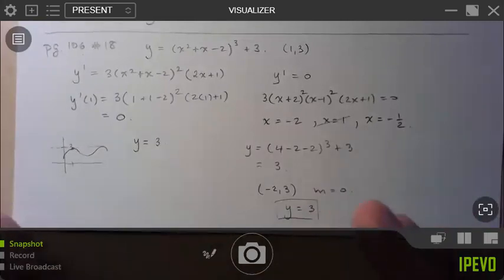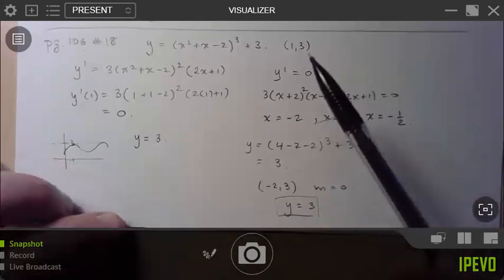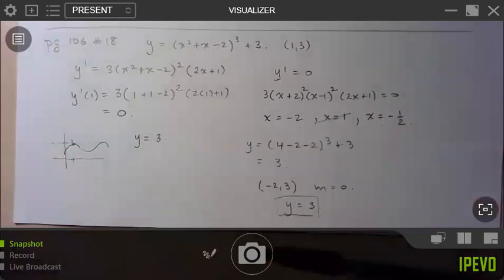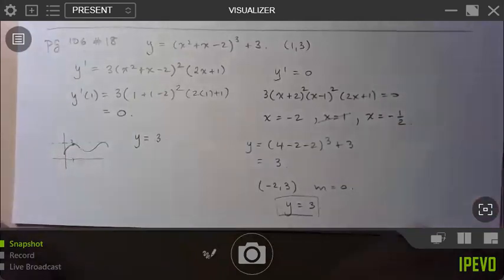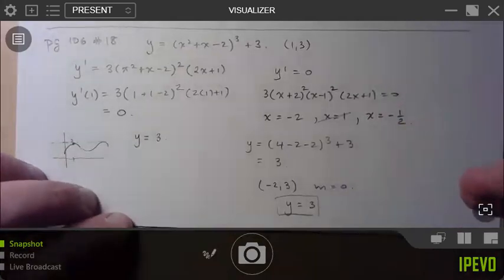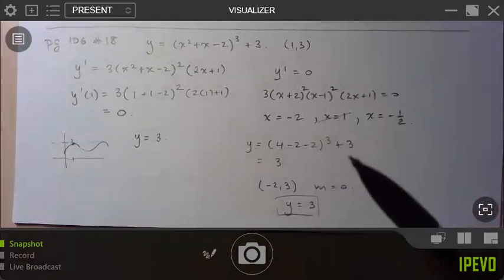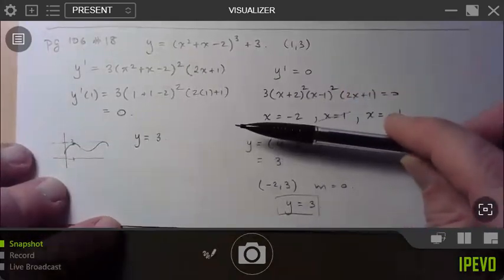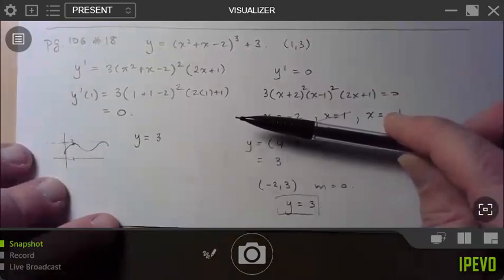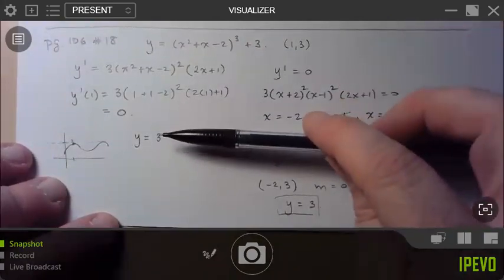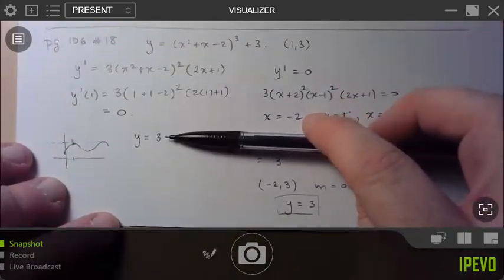So a question like this, when you look at it, there's nothing particularly special about anything I did. There was no tough algebra. There's no hard derivatives. This is really a good thinking question, because it forces you to follow a pattern of thought: first, find what that tangent line is.